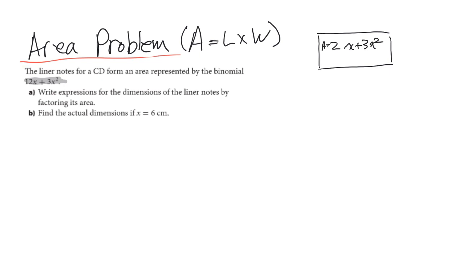So that's what they have told us, right? So now we need to write an expression for the dimension of the liner notes by factoring its area. So we're going to factor this thing. And we're going to factor all of the stuff that we have just studied by using common factors. So let's see how we do. So here's the solution.